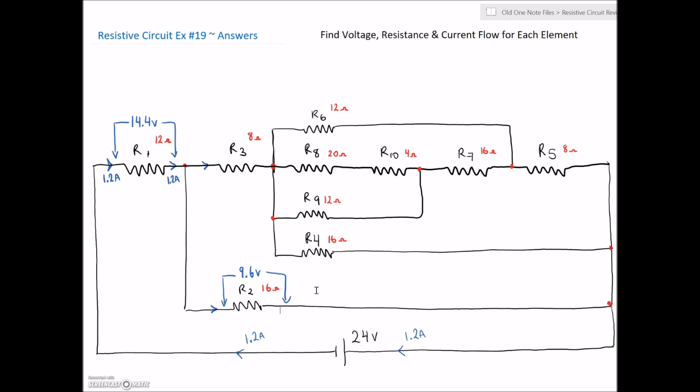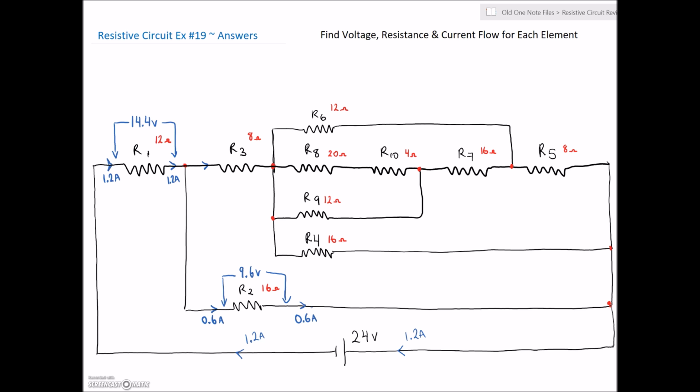Very nice. Now we're going to use that voltage and the resistance. We're going to take the 9.6 volts divided by 16 ohms. That gives us 0.6 amps flowing in that portion of the circuit. Okay, well, we had 1.2, we took away 0.6, and that leaves us with 0.6 amps flowing in the remaining portion of the circuit.